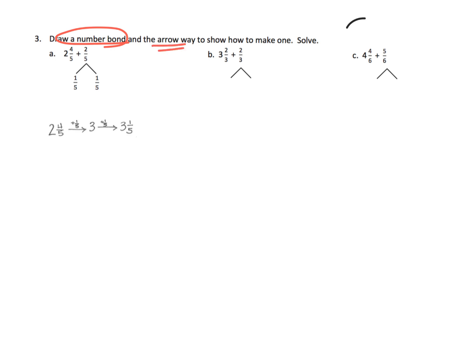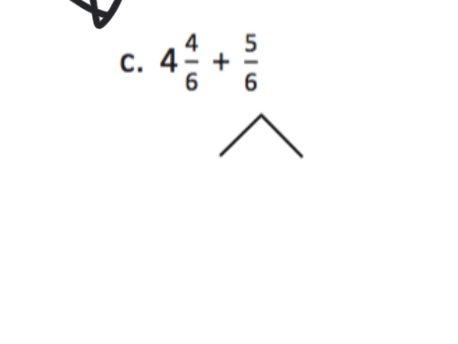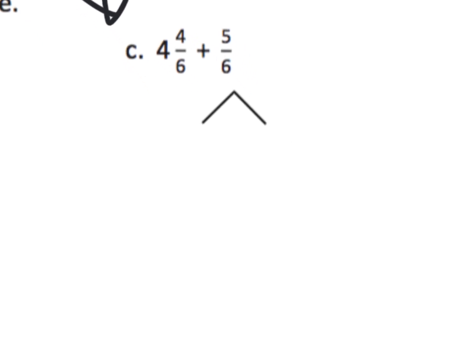So let's do problem C. So you've got 4 4/6 right here. And we want to know, well, how much do we need to add to that 4/6 in order to get 1 whole?